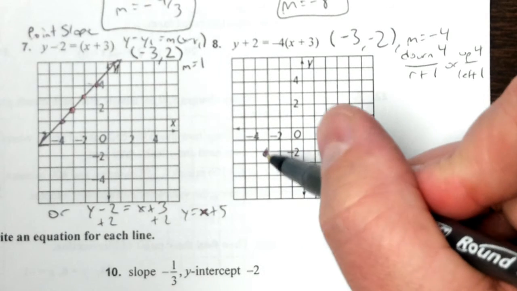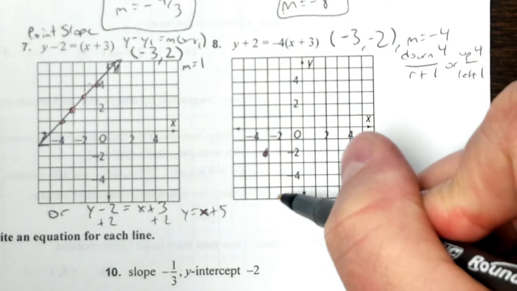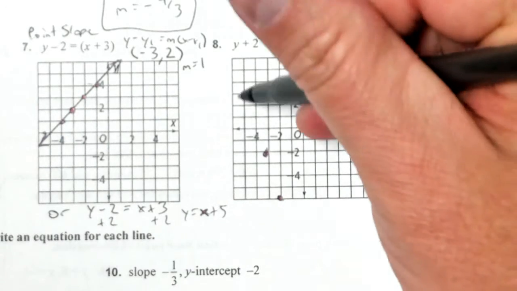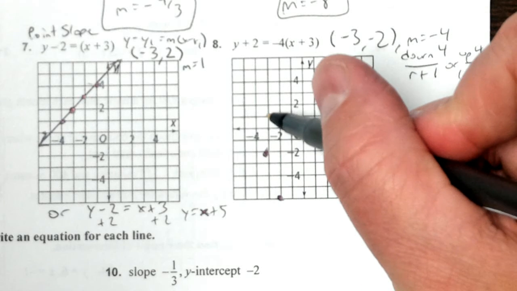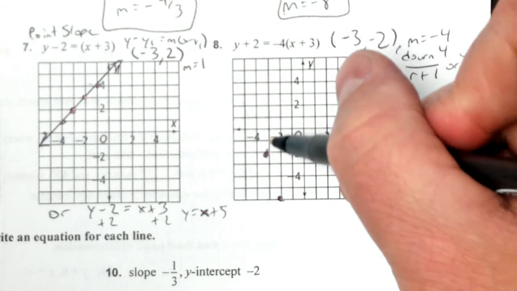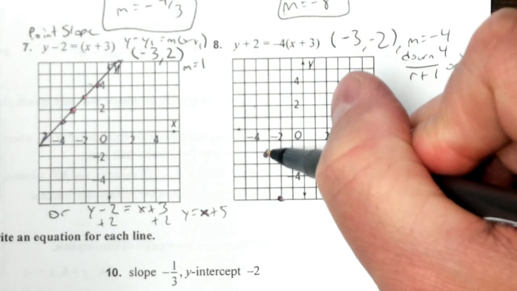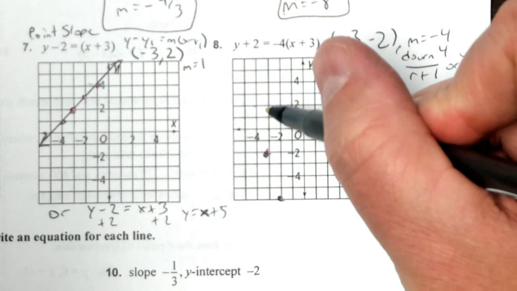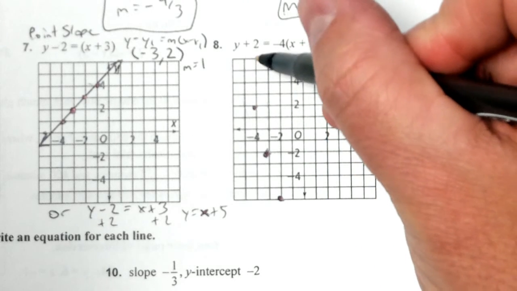And you want to go down 4, right 1. So that gets me to this point. And you know it's going to be up here somewhere, so I'm going to go up 4. 1, 2, 3, 4. I can't go here because that'd be curved, or a V. So it's just going to be left 1. So start counting where you are at 0, and then 1, 2, 3, 4, 1.